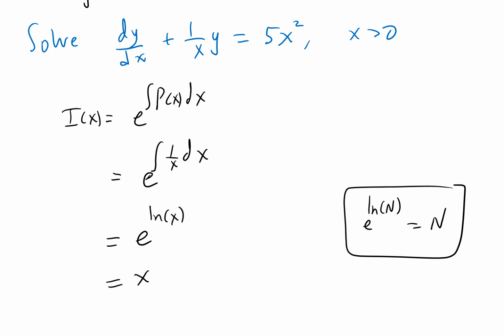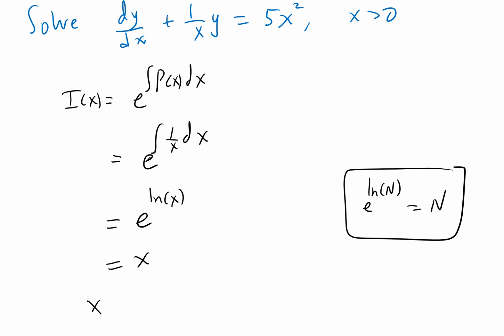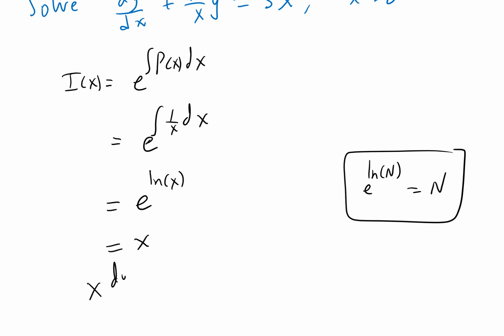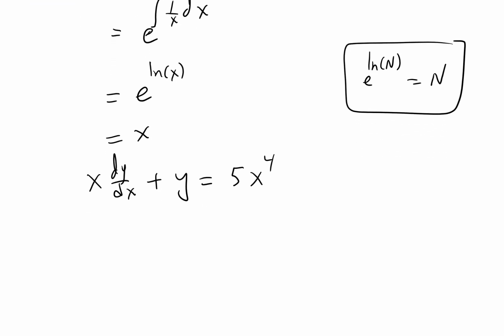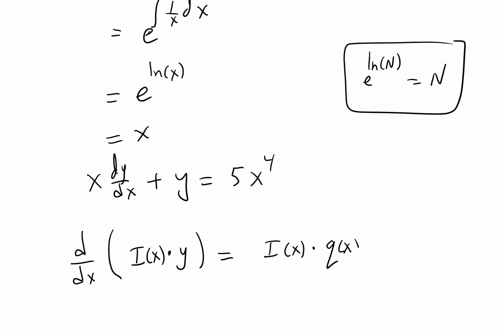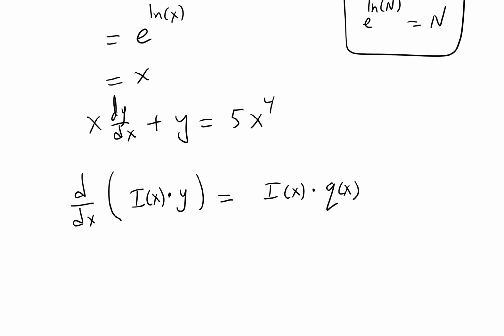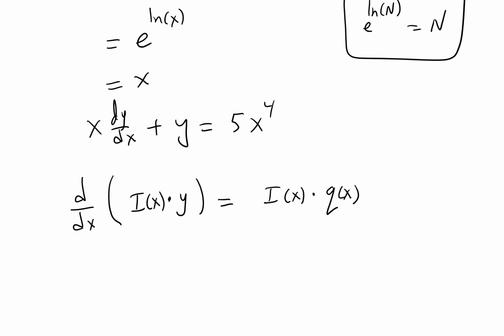After we found I of x, we multiply the entire equation by x. X dy dx plus y equals 5x to the fourth. Then we do d dx of the integrating factor times y equals the integrating factor times q of x, or any function there.